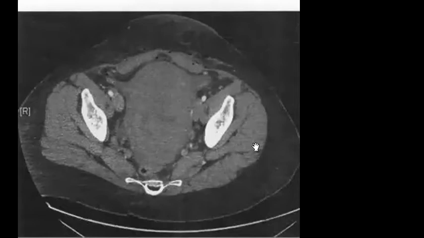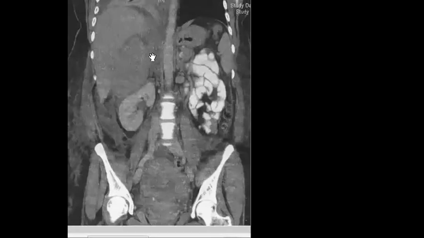So what could be this right large retroperitoneal hematoma? What is the suggestion? What could it be? What is the site of this retroperitoneal collection? What could it be?